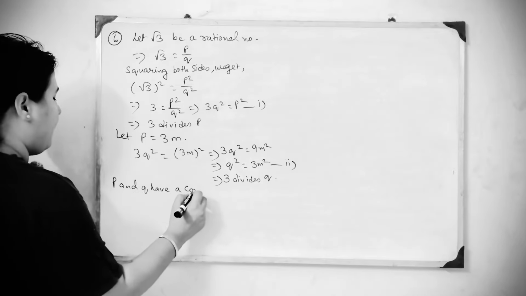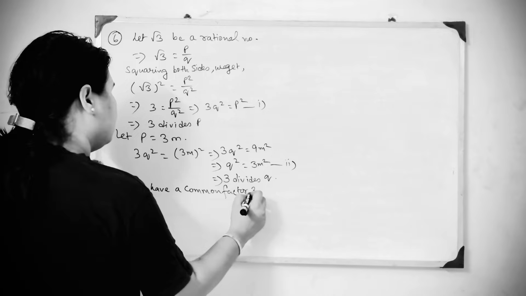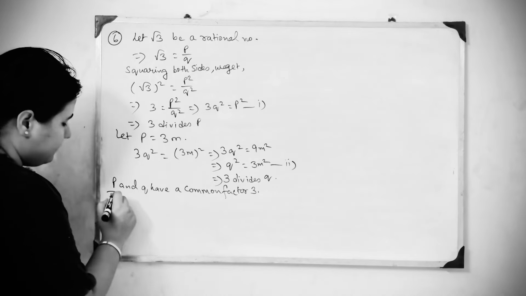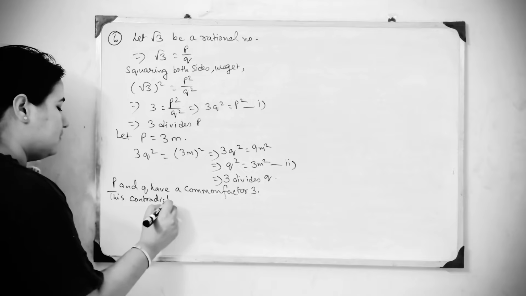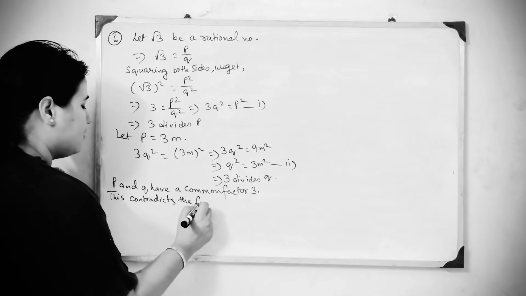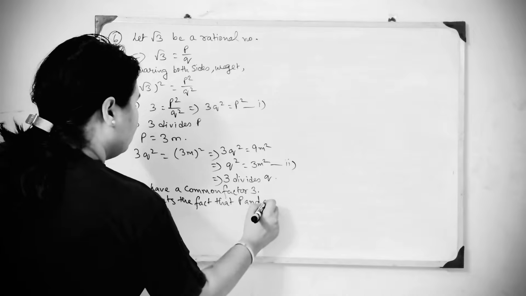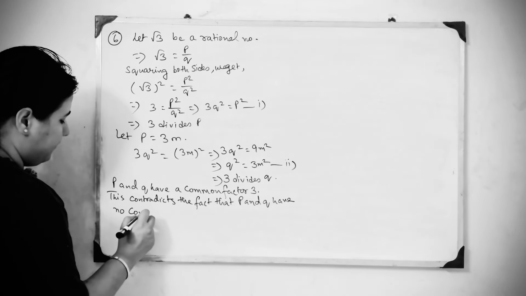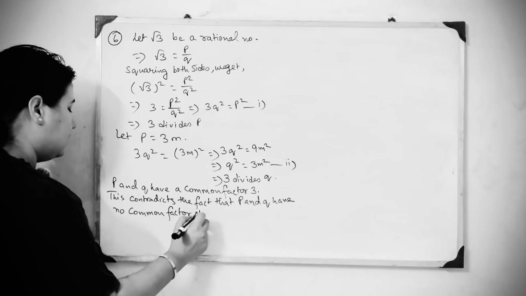So we can write P and Q have a common factor 3. This contradicts the fact that P and Q have no common factor other than 1.